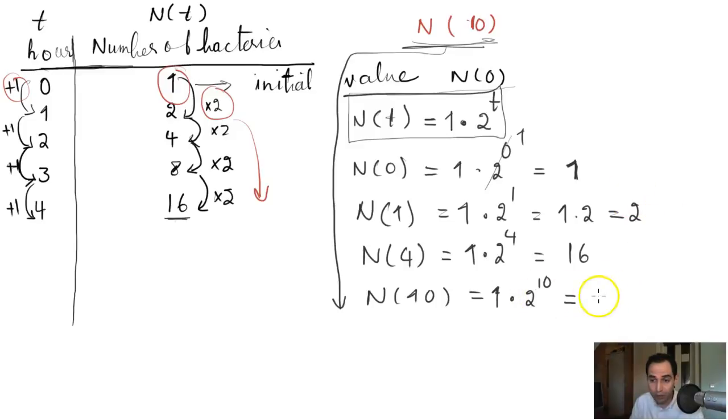So 1 times 1024 is 1024. And that is basically the output of the function, also shown in the book. So that's basically how you can get the rule for this function.